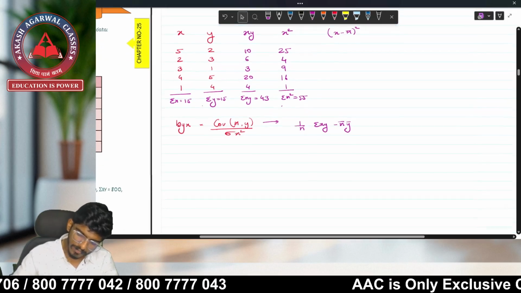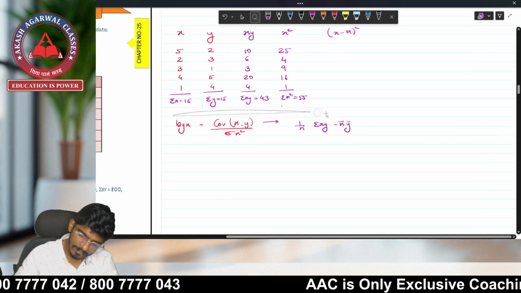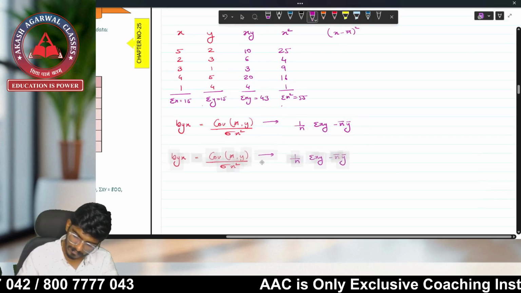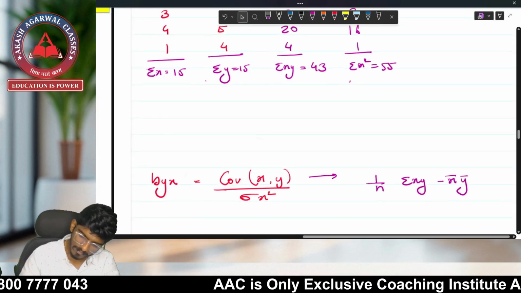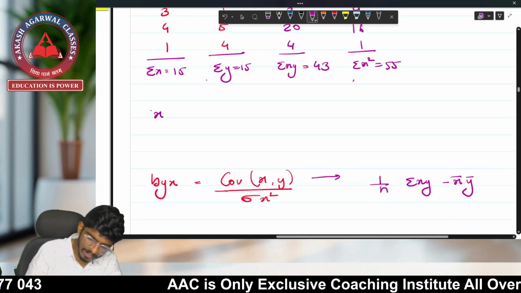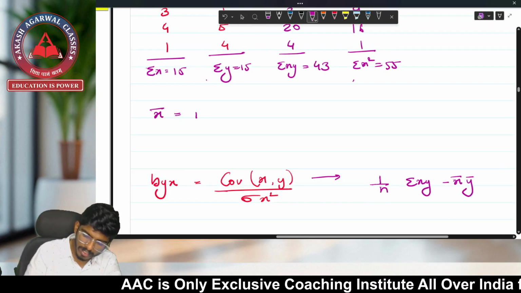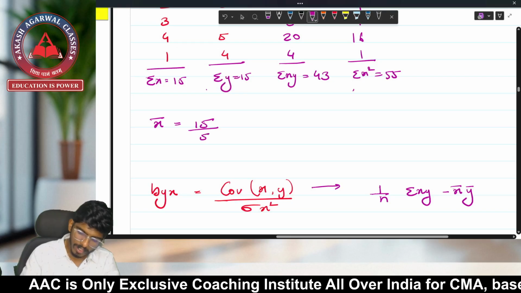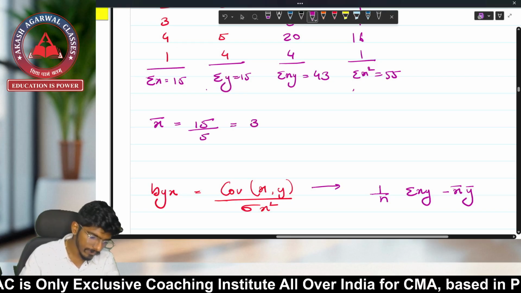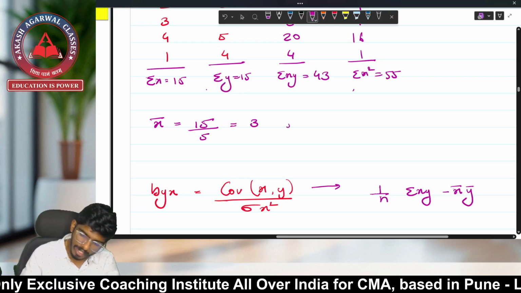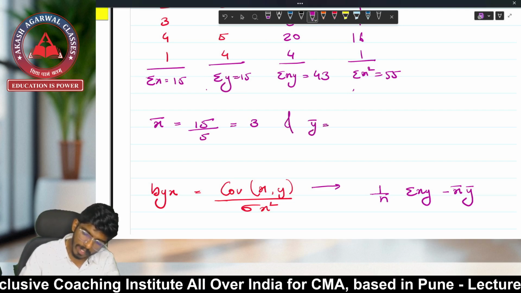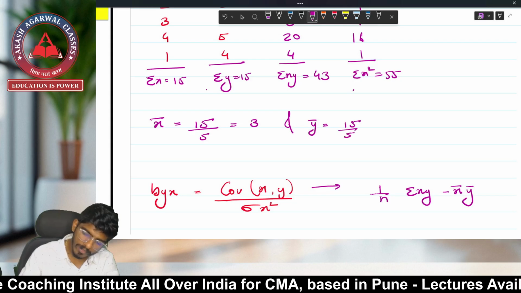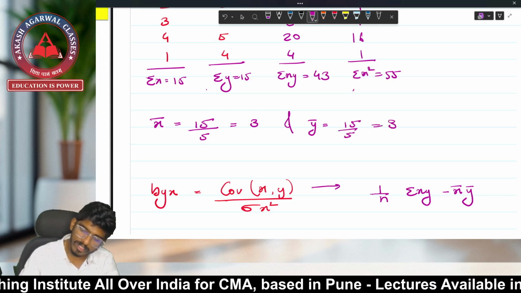Now let's find x bar. X bar is going to be 15 upon, how many observations do we see? 5. So x bar is going to be 3. And y bar is going to be 15 upon 5, that is again going to be 3.